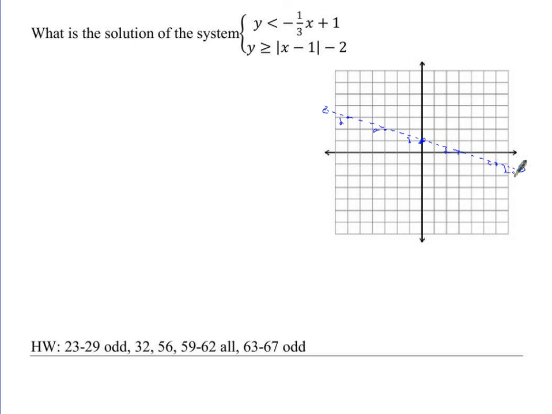Okay, now I have an absolute value inequality. First I want to figure out what the vertex is. I can use transformations to do that. Where's the vertex at? Right 1 and then down 2. That's right. Right 1 from this, down 2 from this, there it is. Did I dilate this? Did I reflect it? No, so it's just going to be a standard V. So up 1, right 1, a slope of 1, and then a slope of negative 1.